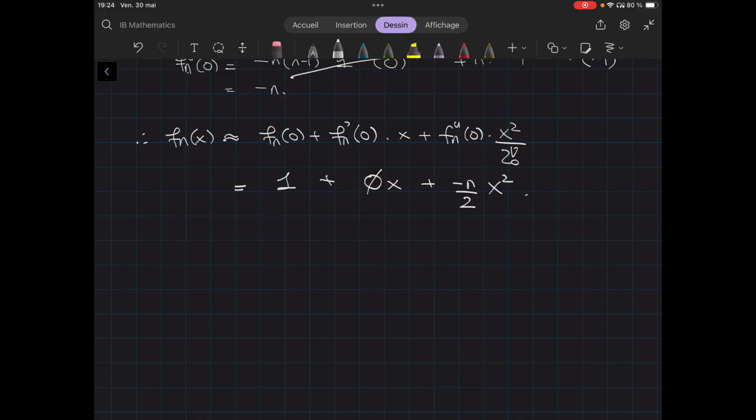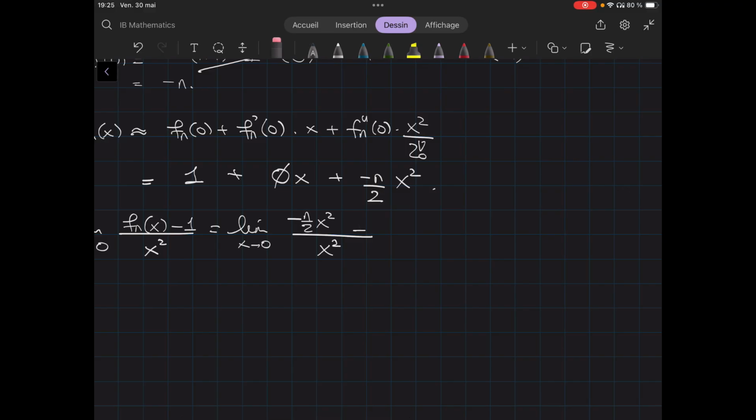Using this information to find the limit, we're just going to slap our Maclaurin series for f_n of x into the numerator, minus 1, divided by x squared.